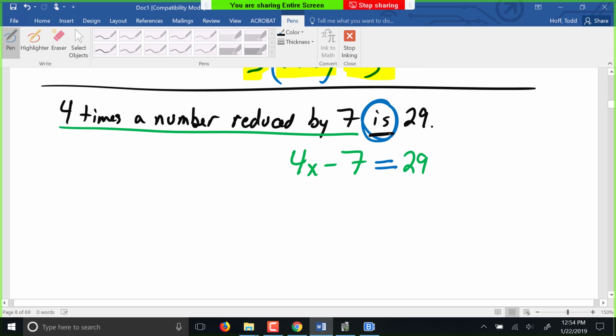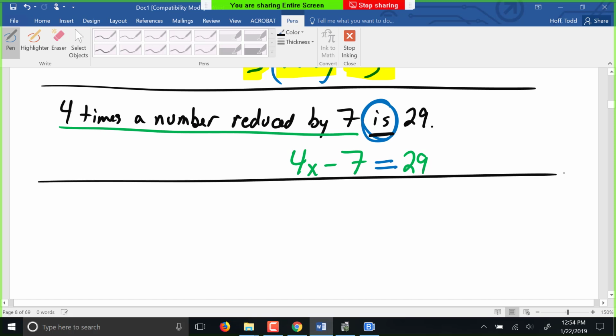Now there are other phrases other than just the word is that simplify the equal sign. Some are a little bit more complex than that, but they all mean the equal sign.